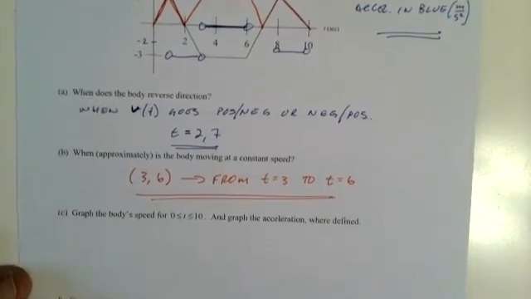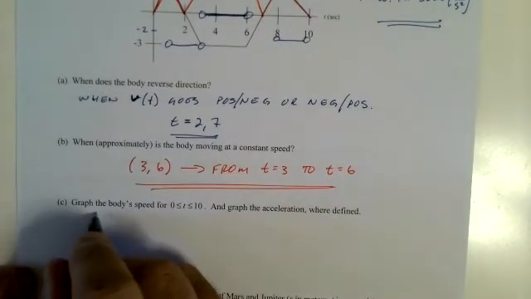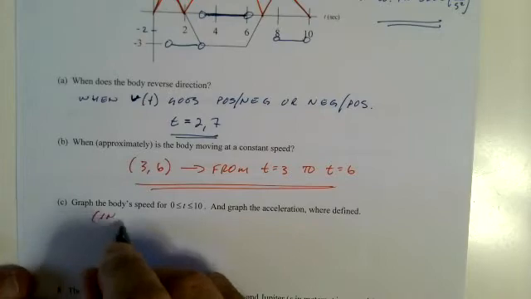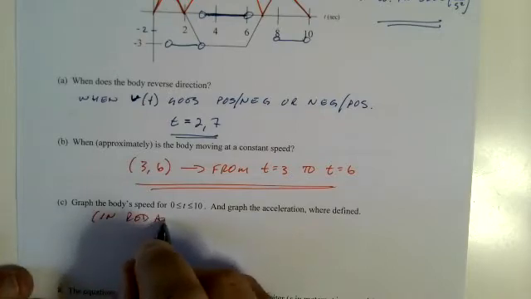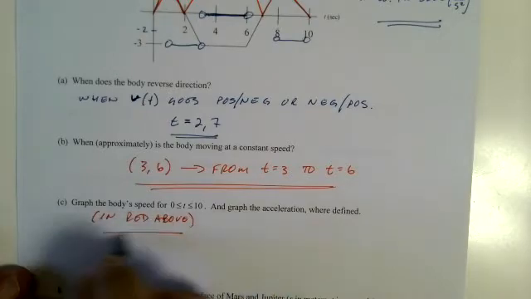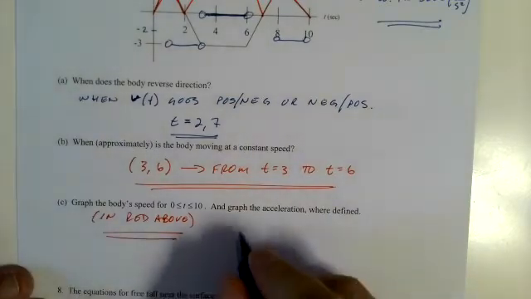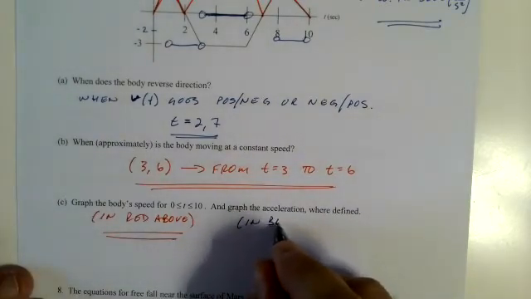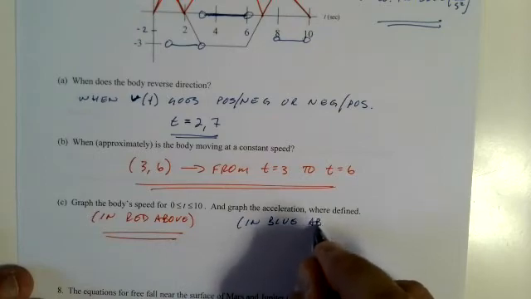Graph the body's speed in red above, and acceleration in blue above.